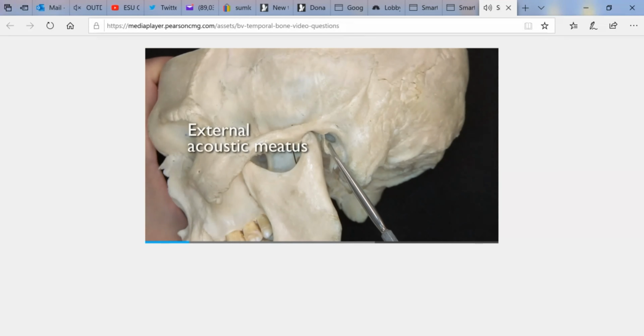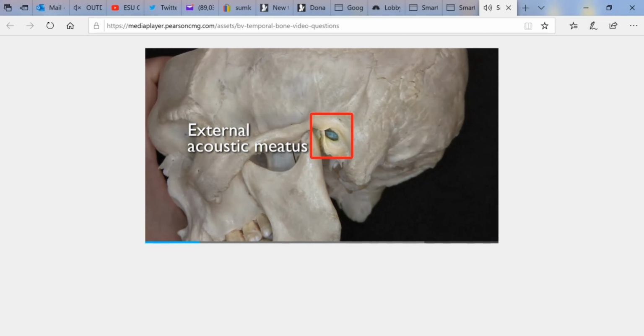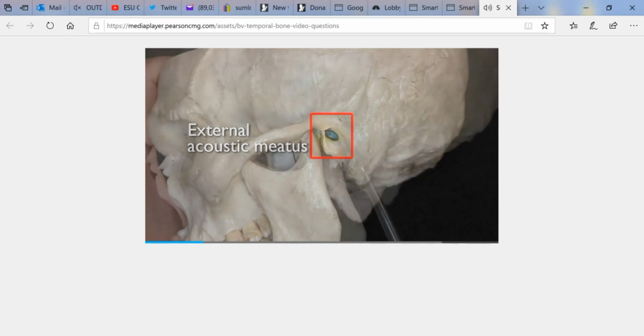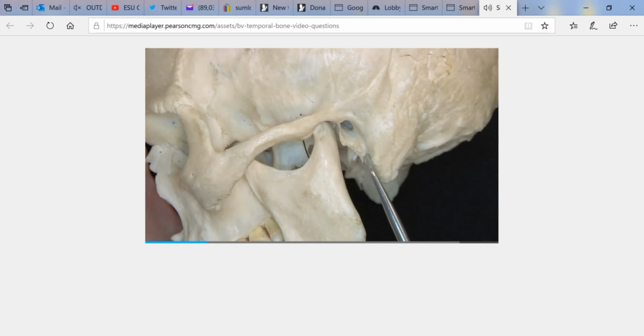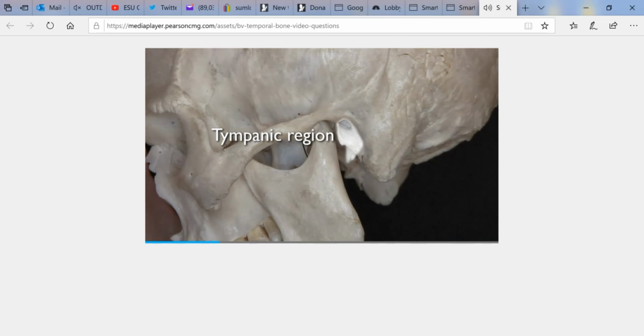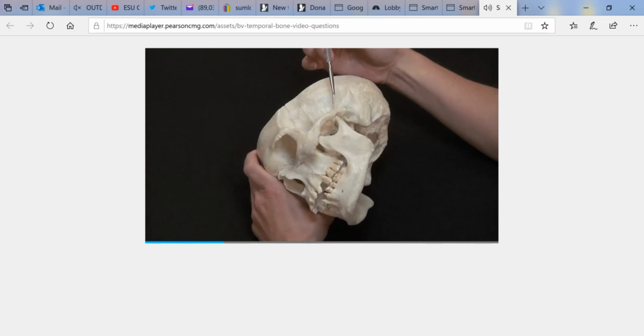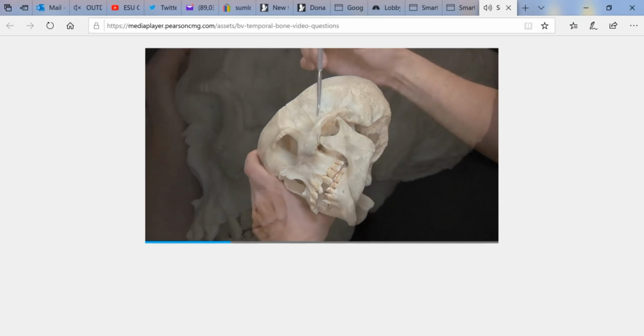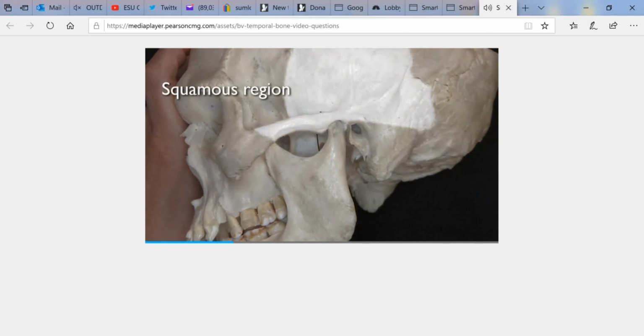The external acoustic meatus serves as a handy landmark for dividing the bone into 4 regions. The region surrounding the external acoustic meatus is called the tympanic region for its relationship to the ear. The flat region superior to the external acoustic meatus is the squamous region.